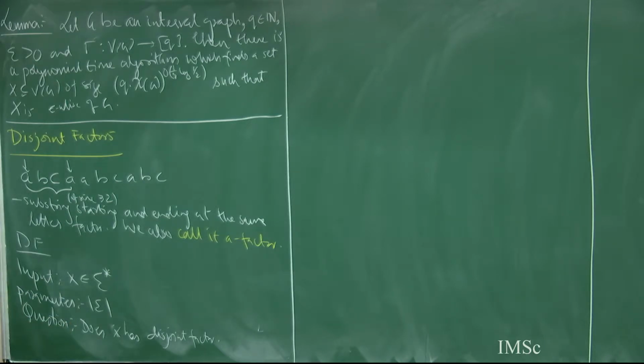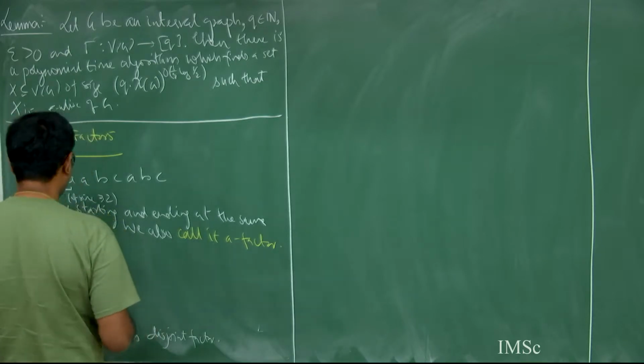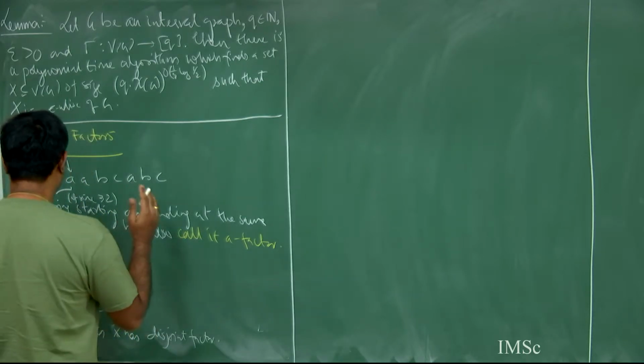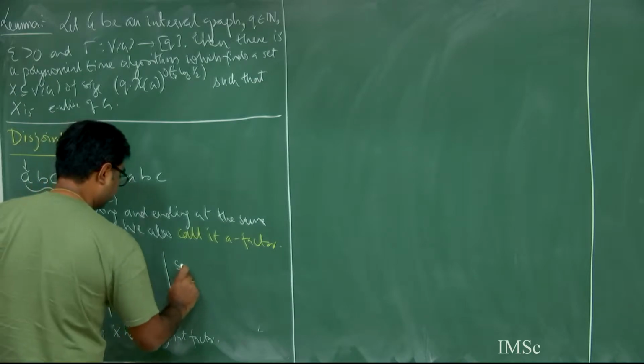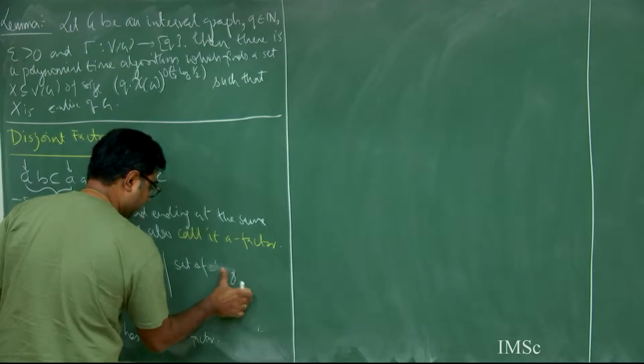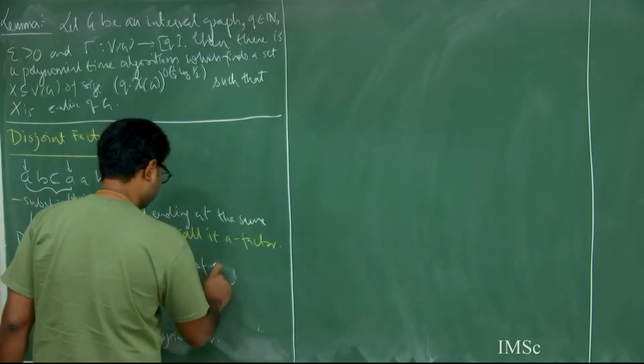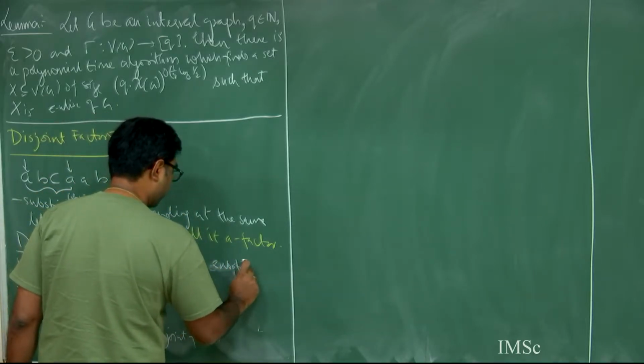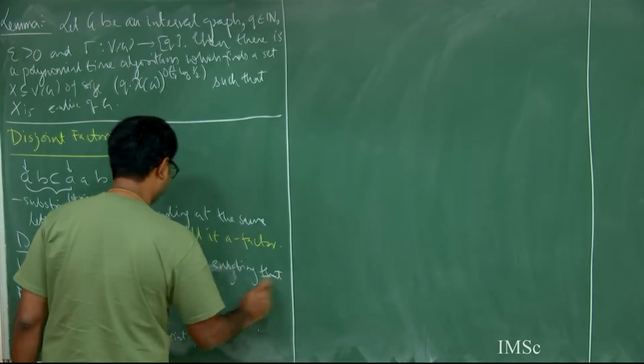Now what are disjoint factors? By disjoint factors we mean a set of substrings that are pairwise disjoint.